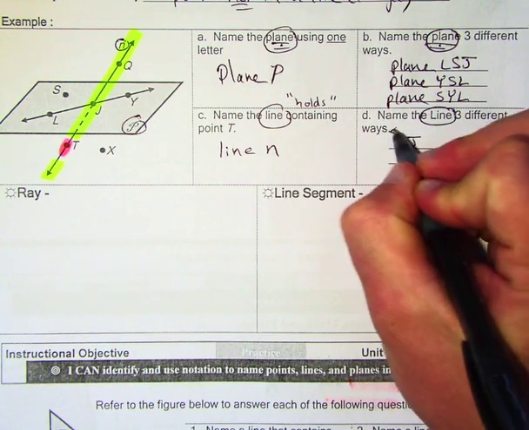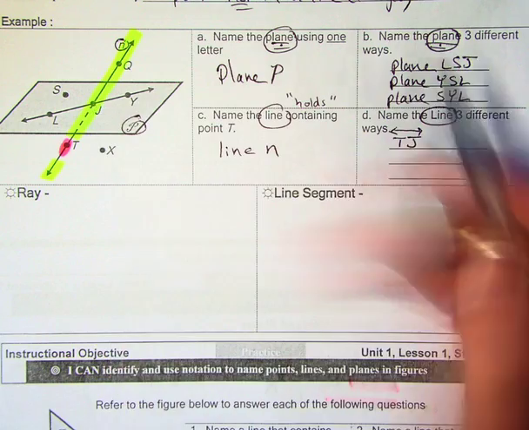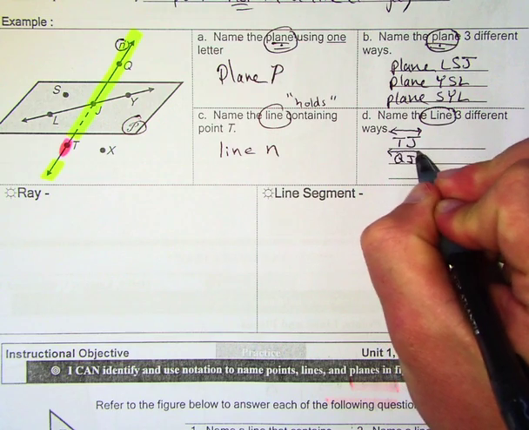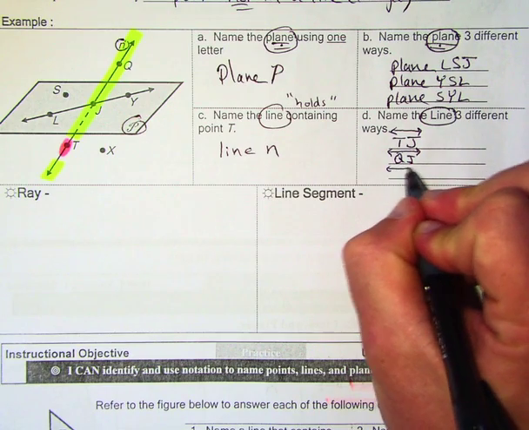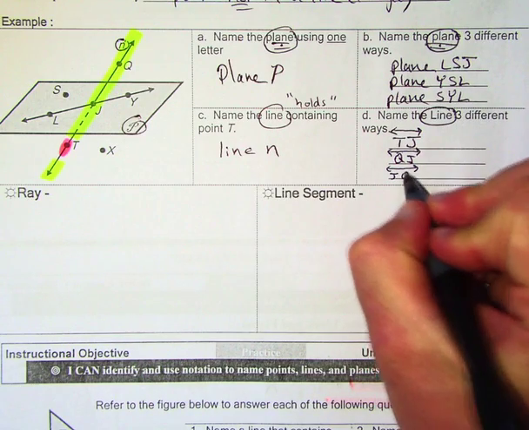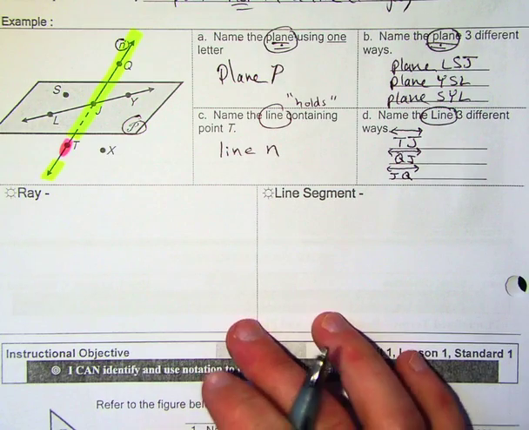And then I'm going to put the line symbol on top. But maybe I wanted to name it QJ. So I would say line QJ. Or I can name it line, how about JQ? But notice only 2 letters because you only need 2 points to make the line.